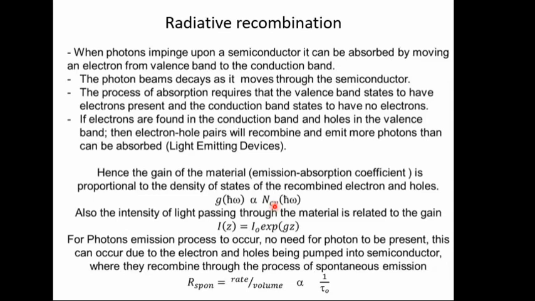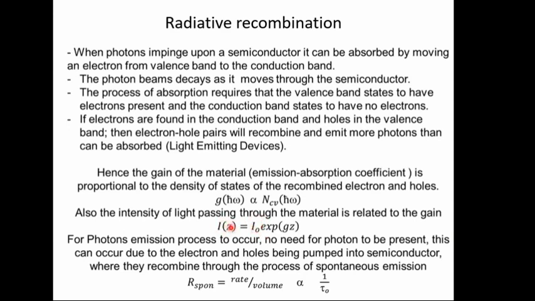So due to electron hole pair, we call it CV, and we said that this gain is proportional to this density. And we say that the intensity then is given by this relation, which is equal to I0 exponential of the G times the height. So we're talking about intensity of light passing through a direction Z have an initial intensity.